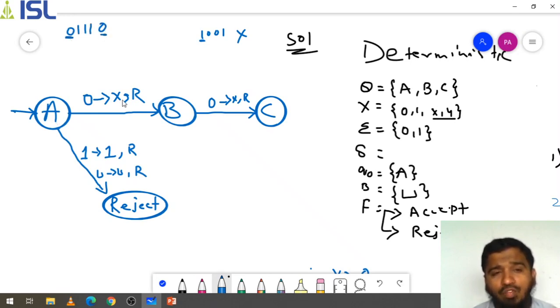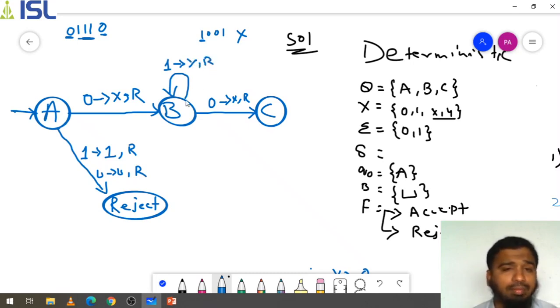From A, if it is 0 x, then it moved to next, and from B, if the input symbol is 0, then x comma r, I move to right. But the middle of the triple 1, meaning any number of ones, that should be a loop. In the form of a loop it will be there. If it is 1, it changes to y, that is r. Input symbol is 1, then change to y comma r.